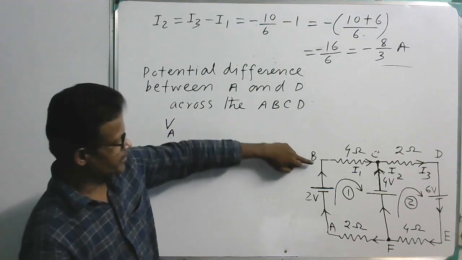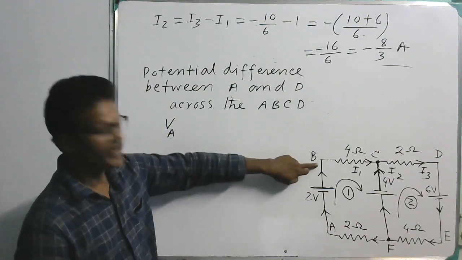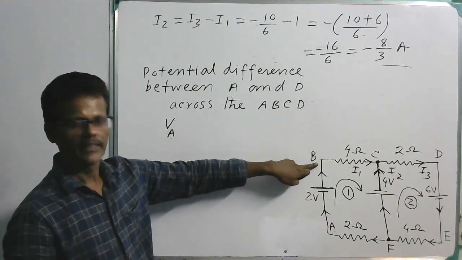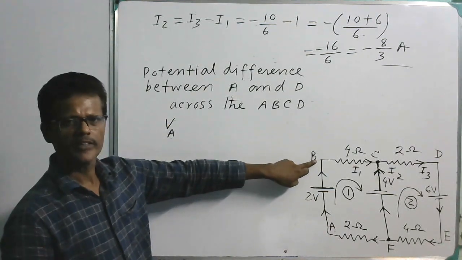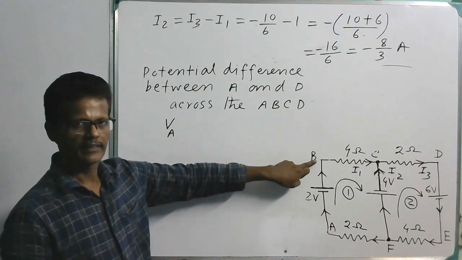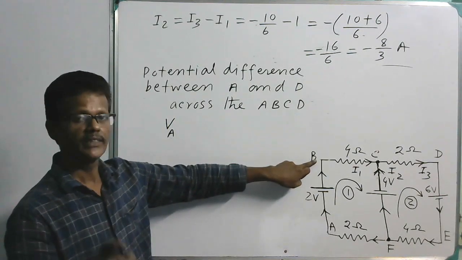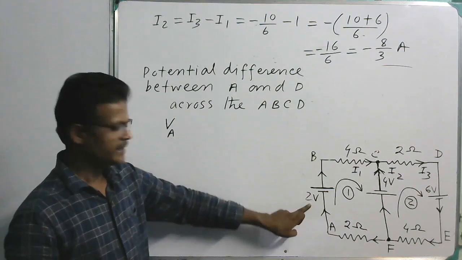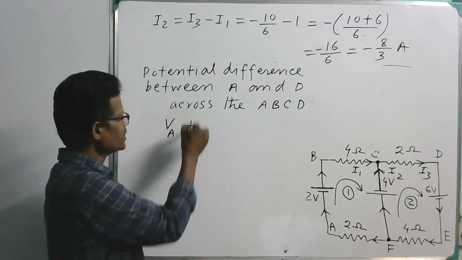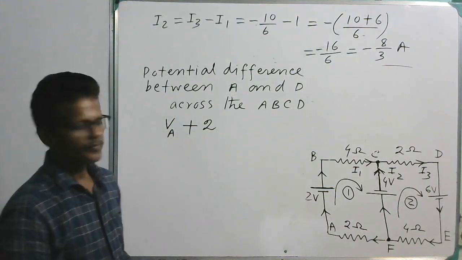Then you are proceeding from a lower to a higher potential point. So the potential at point B is greater, by how much? This 2 volt. So you must write down +2.